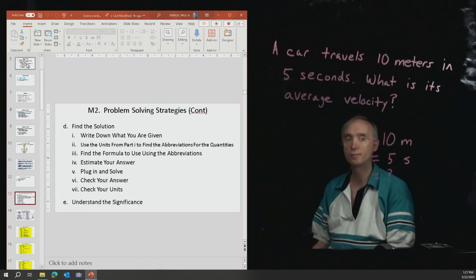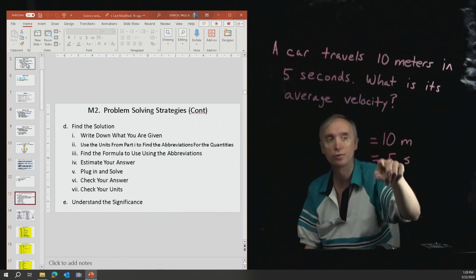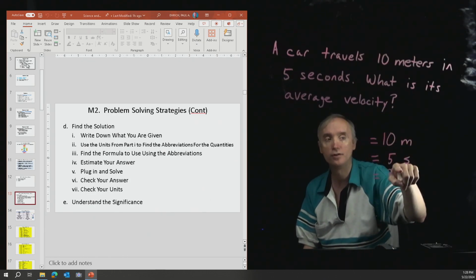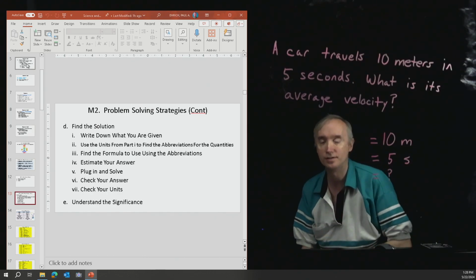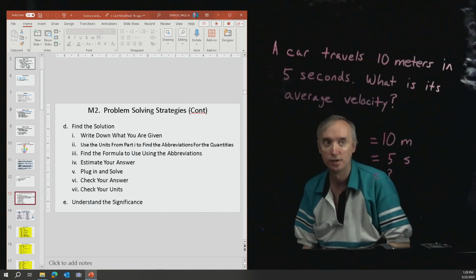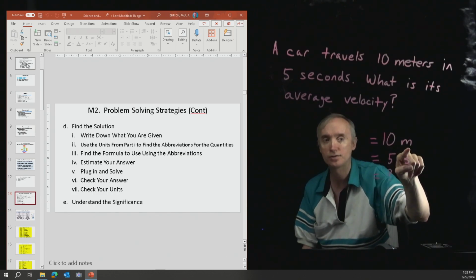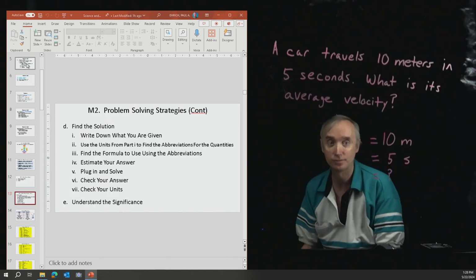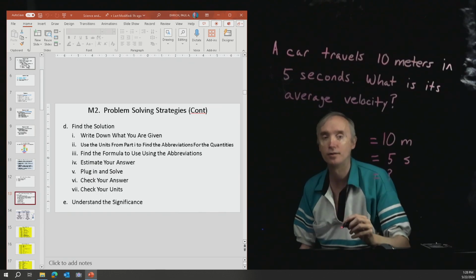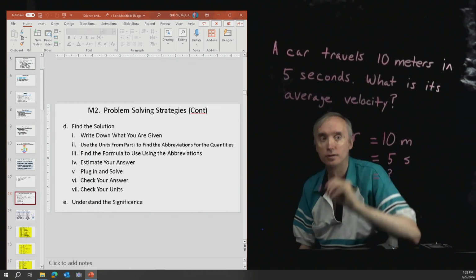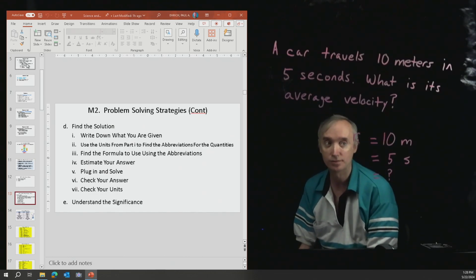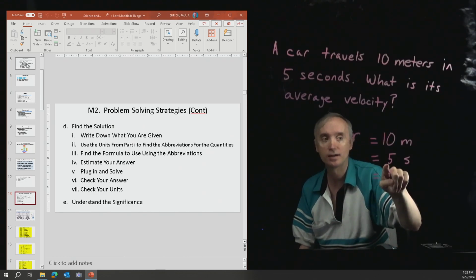Okay, then the next step is to use the units from what you just wrote down here to figure out what's the abbreviation for the quantities that it represents. So 10 meters is a distance. And so we're going to find out that distance, I'm going to use the letter R to represent distance. And then seconds is a unit of time.